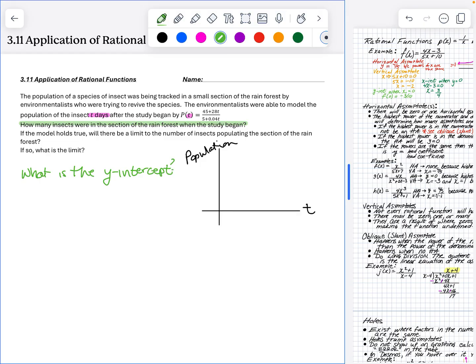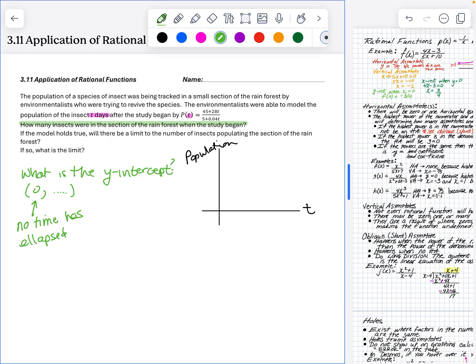The reason is that at the y-intercept, t is 0, and 0 means no time has elapsed, in other words, the beginning.